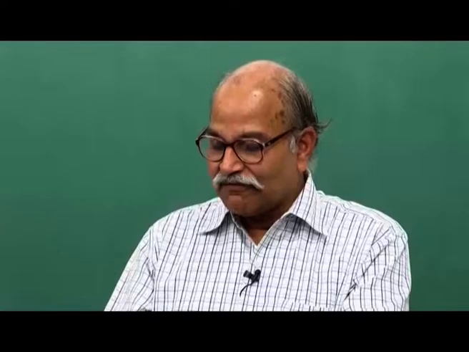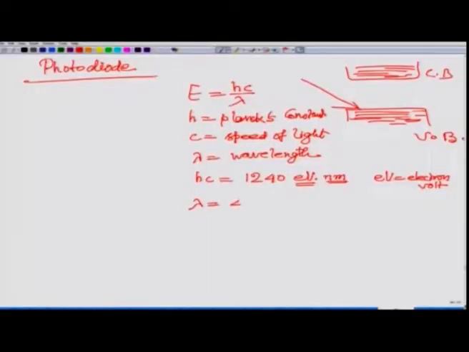For example, if wavelength is, let us say, 400 nanometers, then the energy of the photon will be 1240 eV/nm over 400 nm, and that will be 3.1 eV.